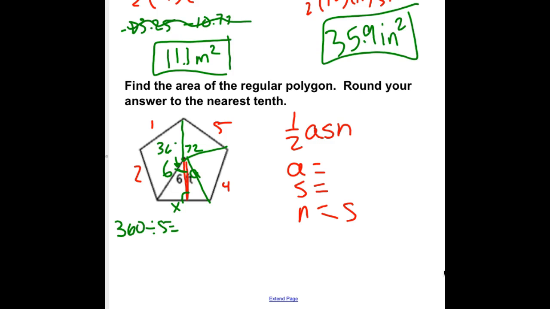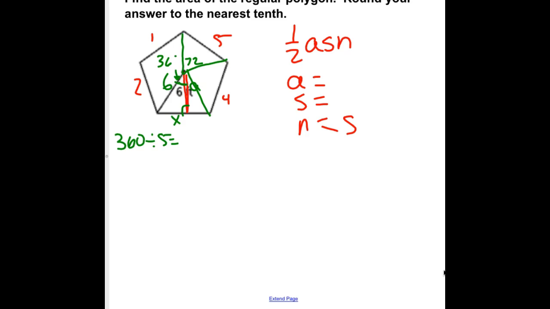Now we can use that 36 degrees with trig to figure out the apothem and the side length. So I like to think about, okay, I have a 36 degree angle, so I'm going to use something with 36 degrees. And I have 6 as a side. If you look, that's across from the 90 degrees. That means it's a hypotenuse. And if I need the apothem, that's adjacent. Well, if I'm thinking SOHCAHTOA, that sounds a lot like cosine, adjacent and hypotenuse.